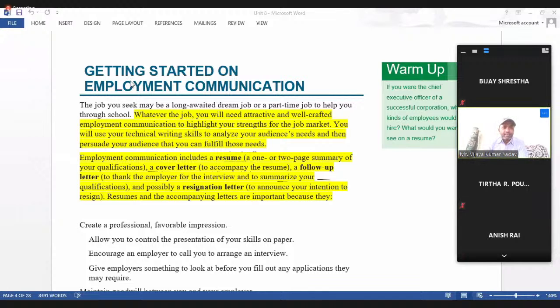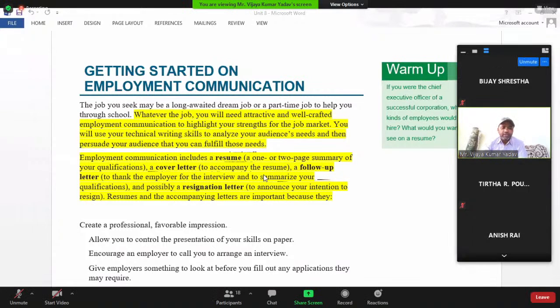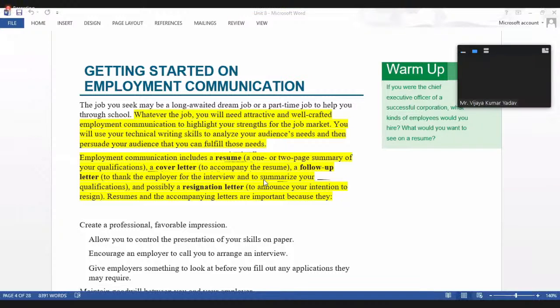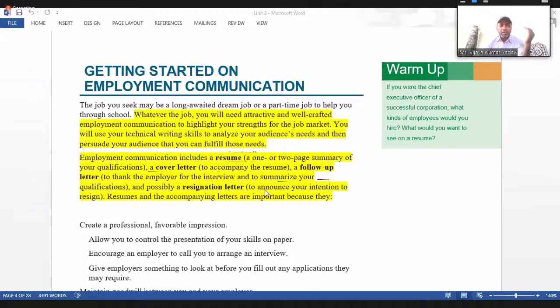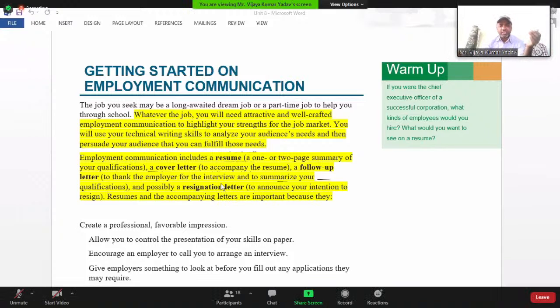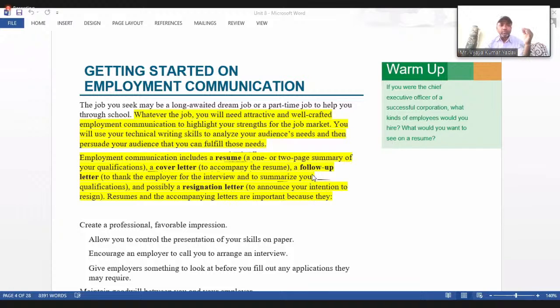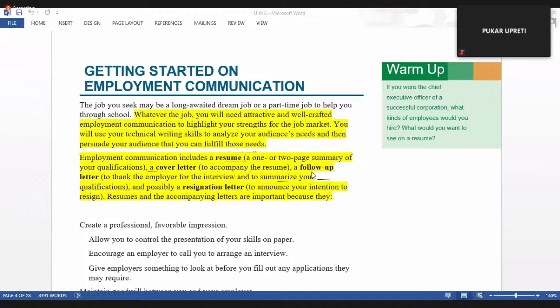So getting started on employment communication. For employment communication, we have to write resume, or you have to write cover letter, job application. Sometimes you have to write resignation letter if you are going to resign from the job. How to write that letter, that you will learn. And sometimes you have to write follow-up letter. Follow-up letter means suppose you have been called for the interview, right? You have passed your written test.